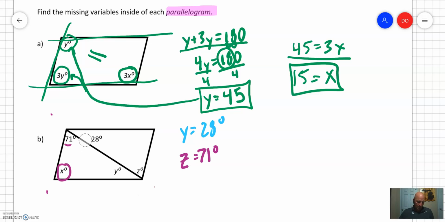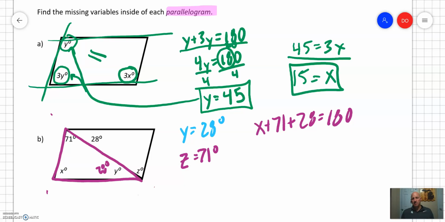That's one version of the question. Or you could use your idea of the sum of the interior angles of a triangle is always 180. So x plus 71 plus 28 would equal 180. As long as you're writing some type of an equation that is true, that works. So I'm going to stick with this equation.